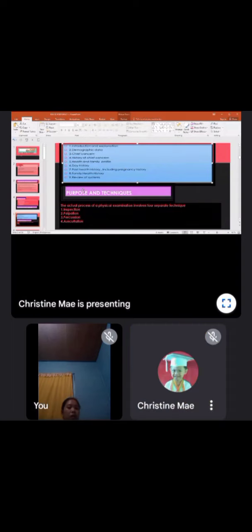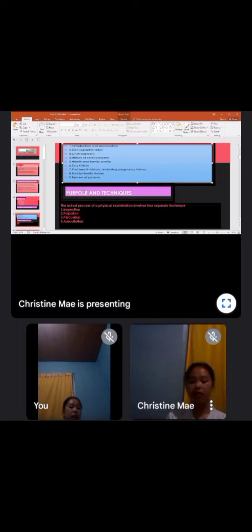Sa imong pagbuntis, ma'am, naga-use ba ka og cigarettes, naga-drink ba ka og alcohol, and also the use of recreational drugs while she is pregnant? Did the pregnancy end early or late? Did she take any medications? Ma'am, naga-take ba ka og medication?